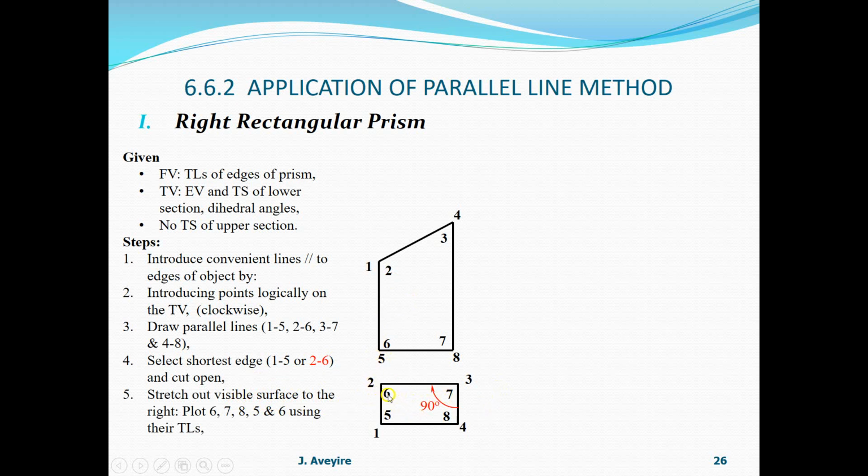That is the visible portions here, that is 1, 4, 8 and 5, etc. Pull it out to the left and to the right. So we have the points 6, 7, 8, 5 and 6 of the object. So we plot 6, 5, 8, making use of the true lengths.